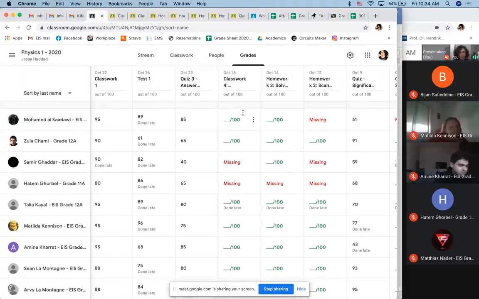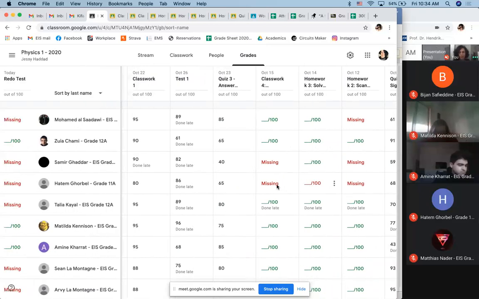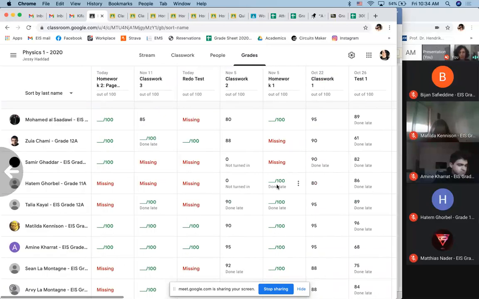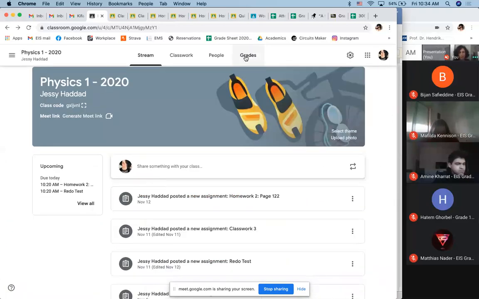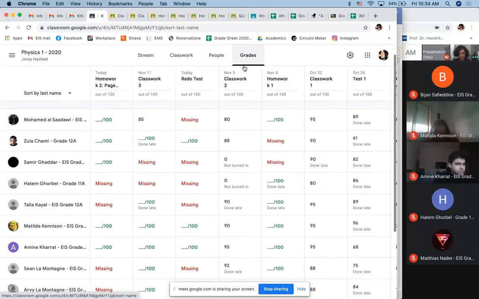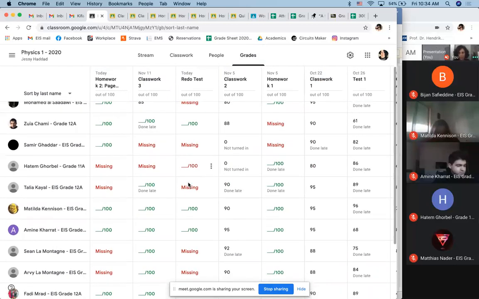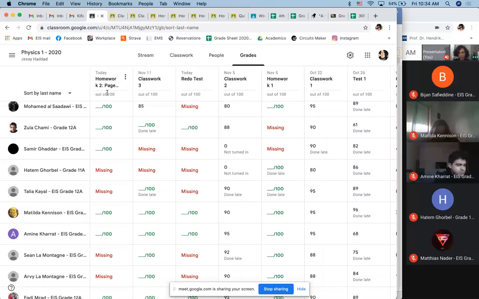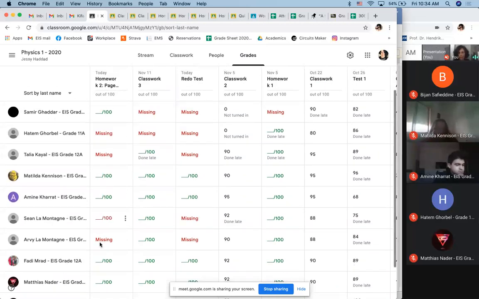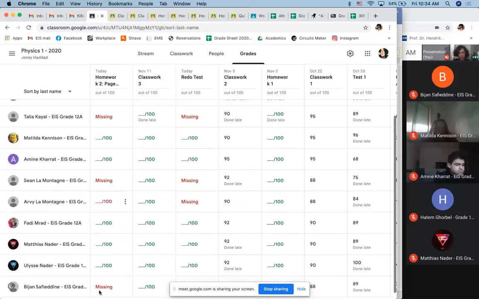Do you see that sometimes as I scroll down a homework, sometimes you are the only missing student? Let me go to the new ones. 1 second. Okay. When I say classwork, like this homework, how come Hatem is missing, Talia is missing, Sean and Arvi, I understand they're flying, and Bijan.